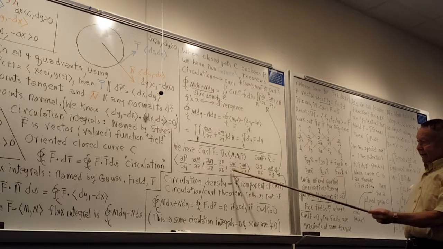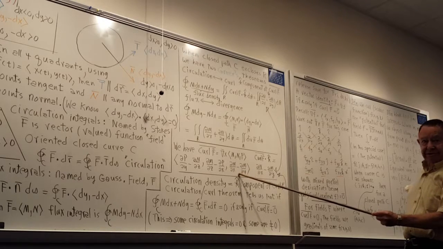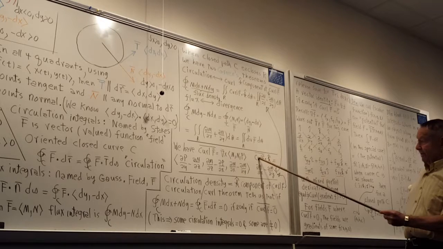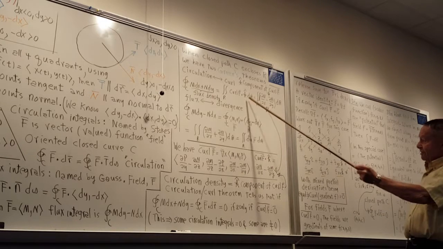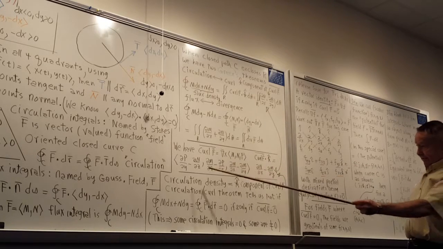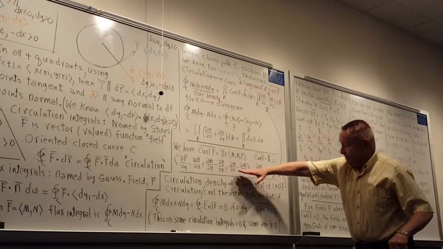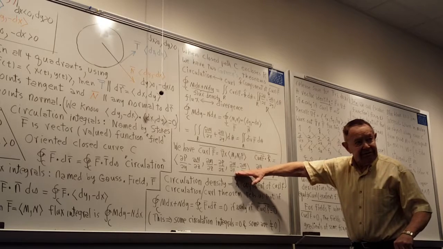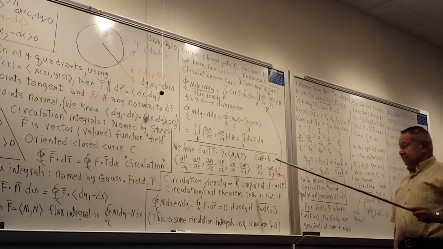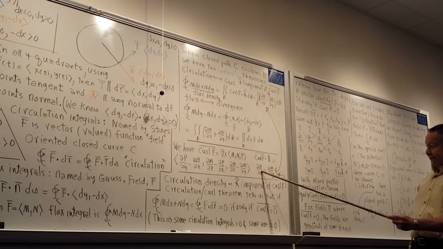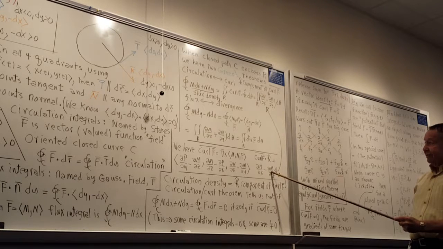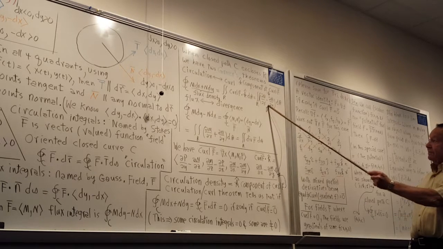So the k component of curl is this. So curl f dot k, in other words, is this vector dot k, which would just give you this component here. So curl f dot k is this difference in the partial derivatives.